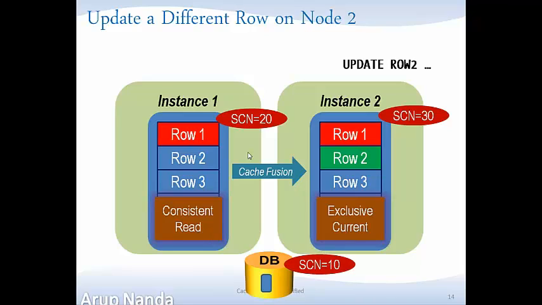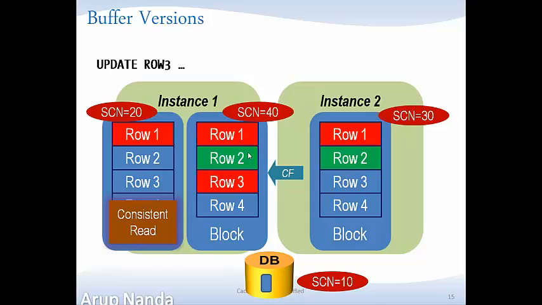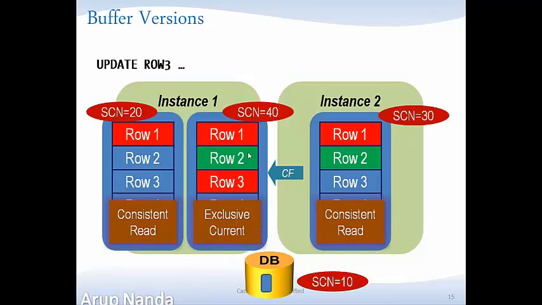It becomes consistent read because it's not the most recent one, and instance number 2's copy becomes exclusive current. Similarly, when update row 3 happens, on instance 1, Oracle makes a copy from instance 2 back into instance 1, and that copy has to become exclusive current, because that's the most recent one. And the copy on instance 2 becomes consistent read.